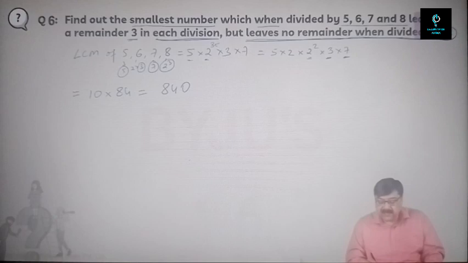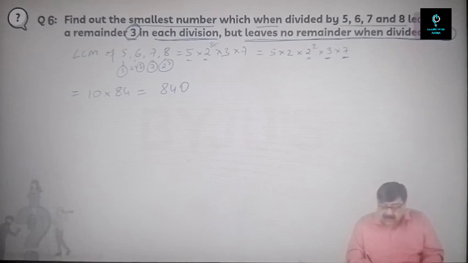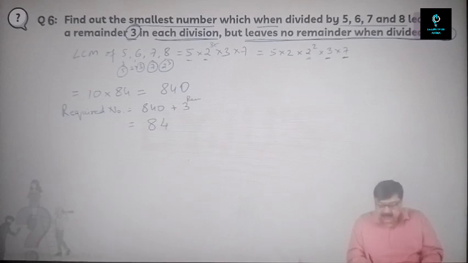Now 840 is a number which is exactly divisible by each of these 4 numbers, 5, 6, 7, 8. But what do we want? We want our remainder to be 3. Now as 840 gets completely divisible by these 4 numbers, the required number here shall be 840 plus 3, this remainder, that is 843.